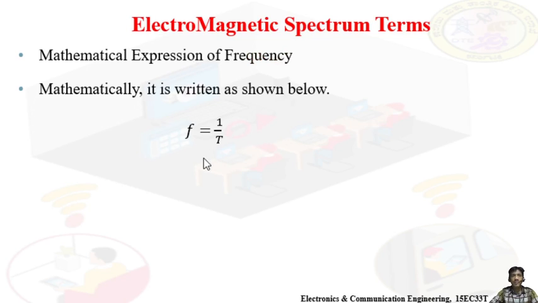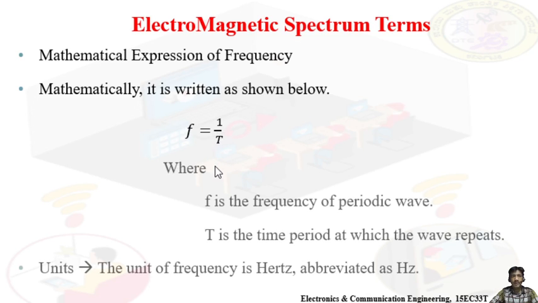Mathematically, f is equal to 1 over T, where f is the frequency of the periodic wave and T is the time period at which the wave repeats. The unit is hertz, abbreviated as Hz. Finally, f is nothing but the number of cycles per second.